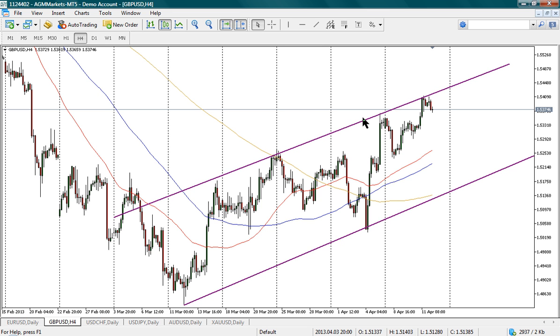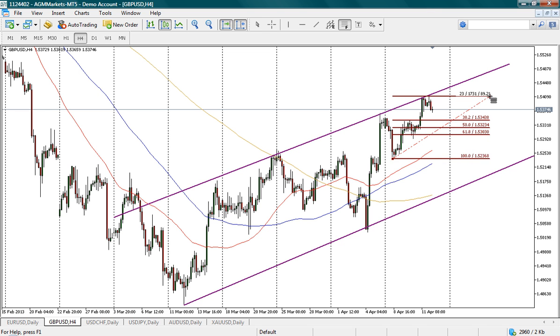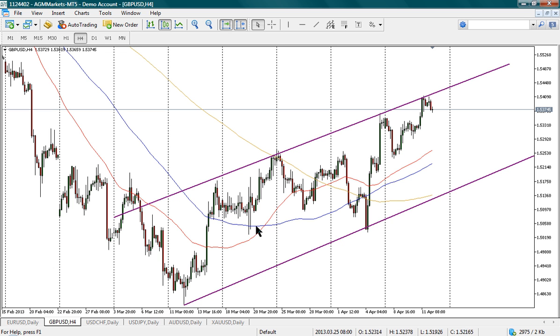And that top side channel is getting held, so don't be surprised to see it come back down to this channel either. That's why I personally like to wait for a bigger fib. That little one from there to there is inside the channel. It's not my preferred one, but there's nothing stopping that holding at all. I wouldn't be surprised to see it do, but that's the bigger perspective, and that's what I'm looking at on cable personally.